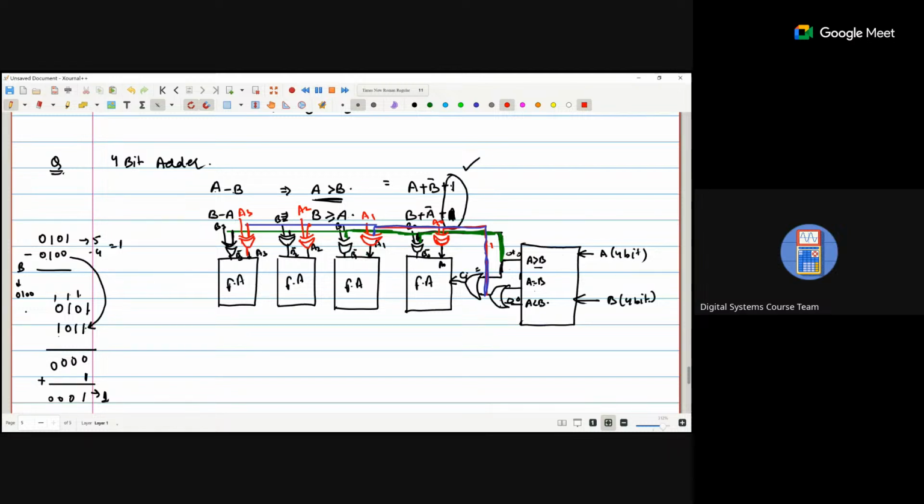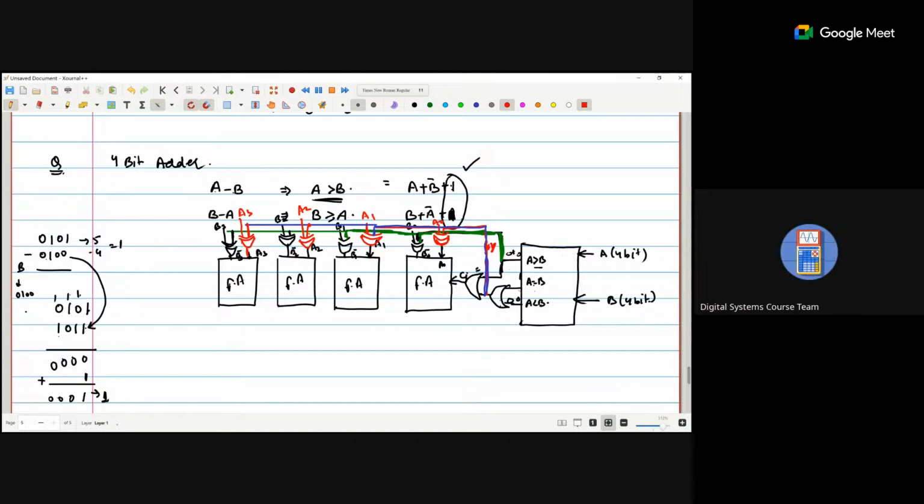For A, when B greater than or equal to A, we have to connect A bar. So we take the A equal to B, A less than B condition, XOR of this one, which means this input is 1. Now use this for the complement of A, as an input for the XOR gate where A0 is connected. Clear?